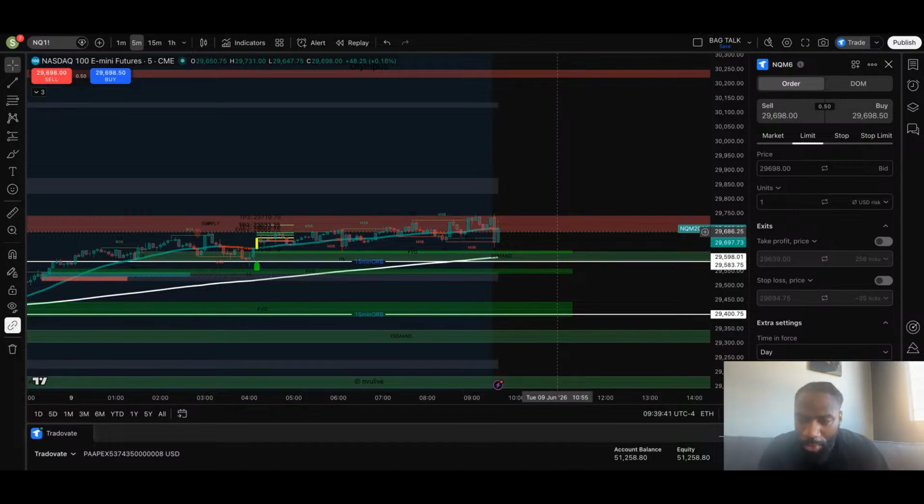Five more minutes until, well, when this candle finishes, it's gonna be 5 more minutes until the opening range prints itself as far as the direction of the market, which way it wants to go. We'll mark that up and then see what price wants to do.